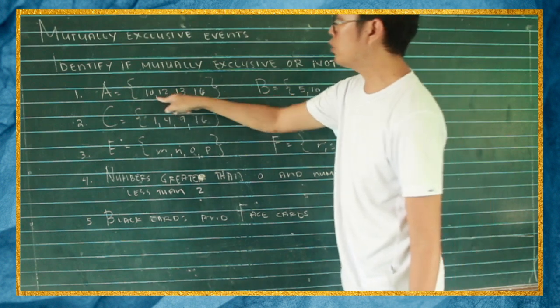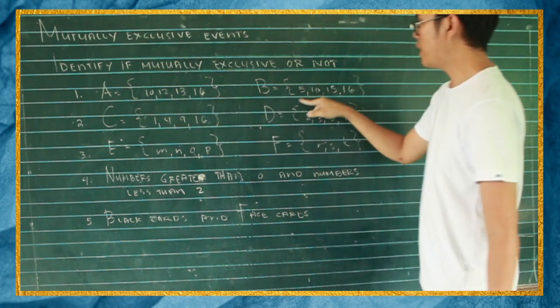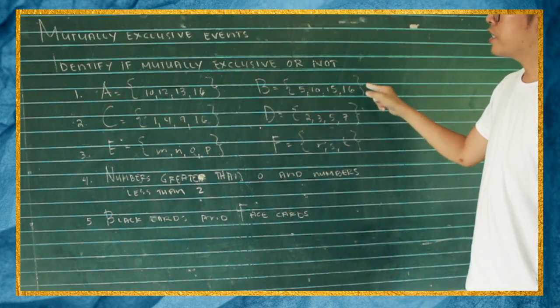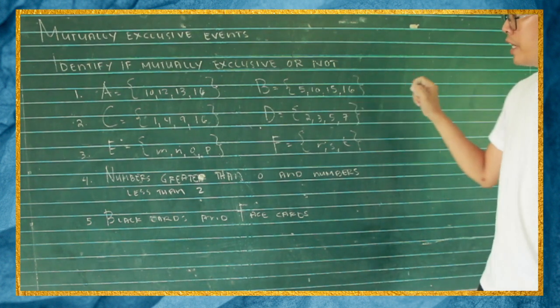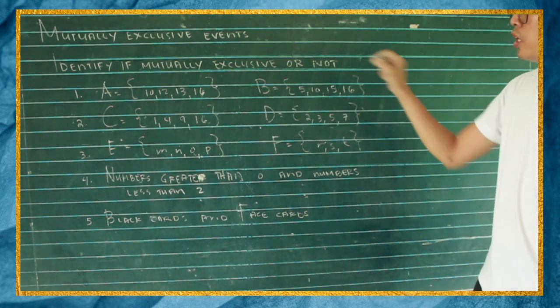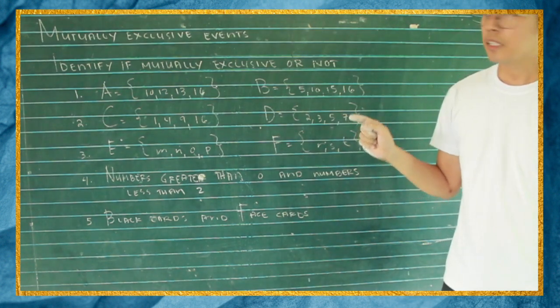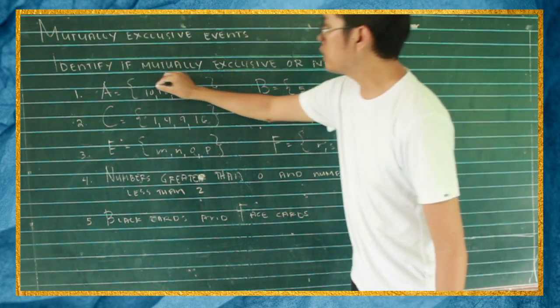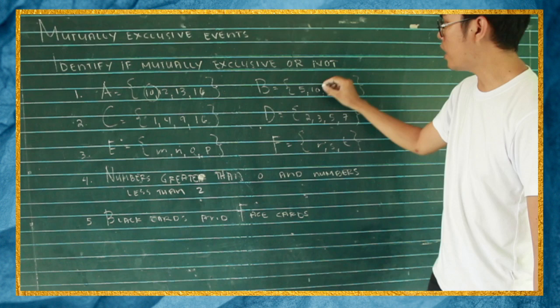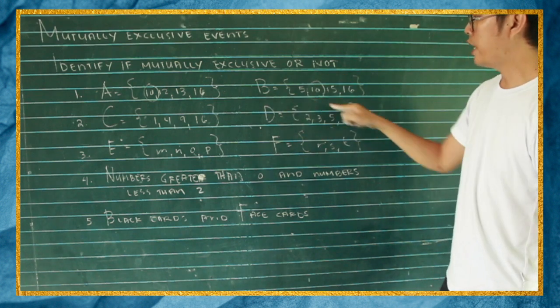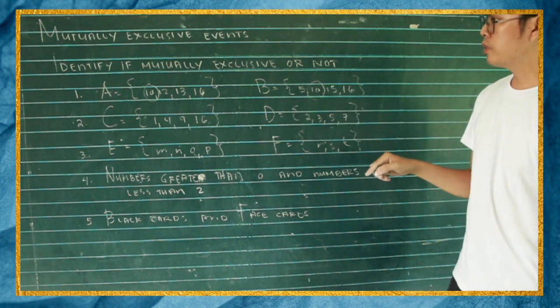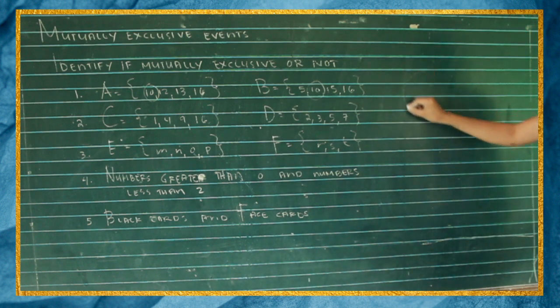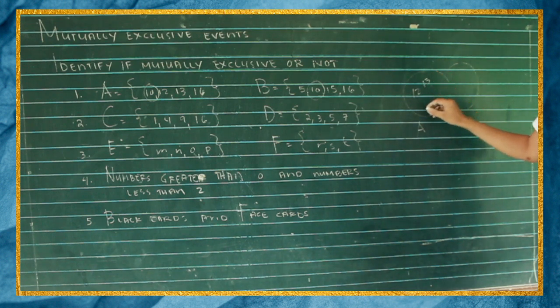So we have 10, 12, 13, 16 and 5, 10, 15, 16. Are there elements that are the same in both sets? Yes. We have 10 in set A and we also have 10 in set B. So when we graph it in a Venn diagram, the elements of set A are 12, 13, 16, and 10.